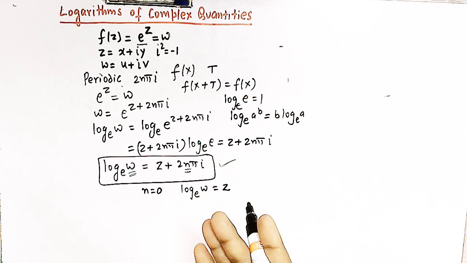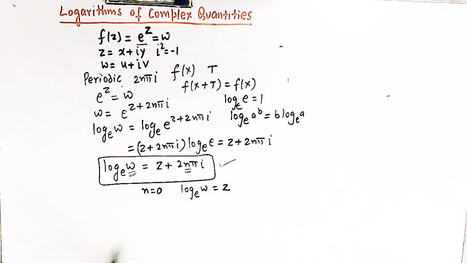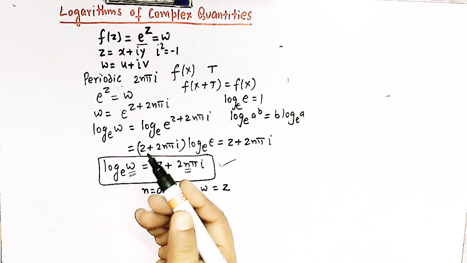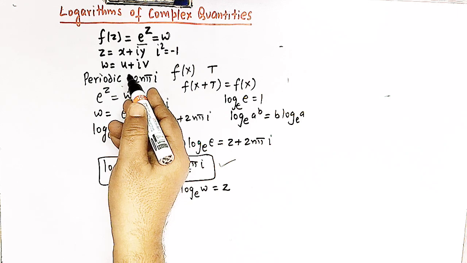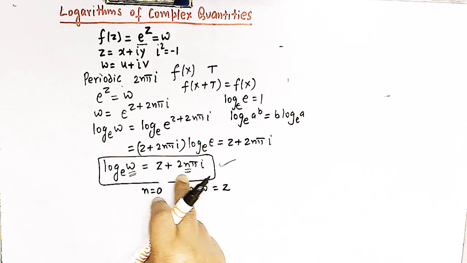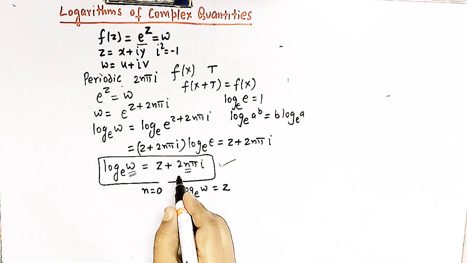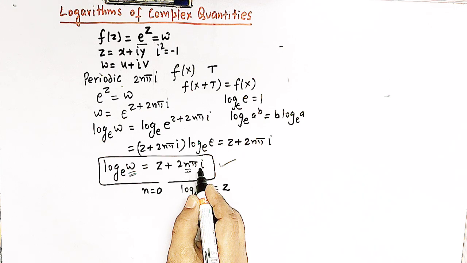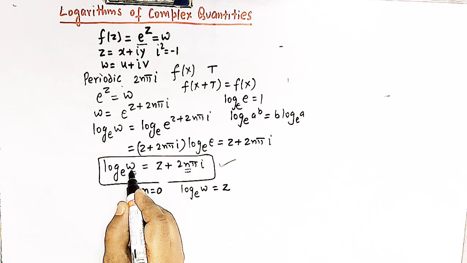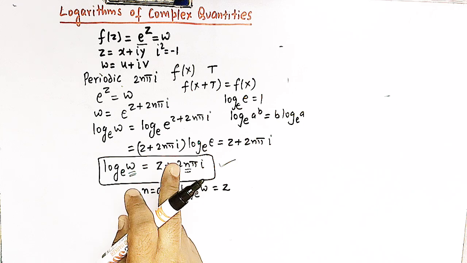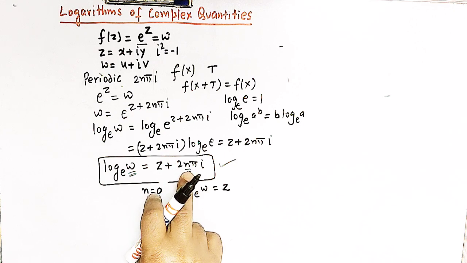As we change the value of n, we get different values of the logarithm of w. The logarithm of a complex quantity is another complex quantity, because here we have 2n pi I, and the logarithm of a complex quantity is a many valued function. The principal value can be obtained by taking n equal to 0.